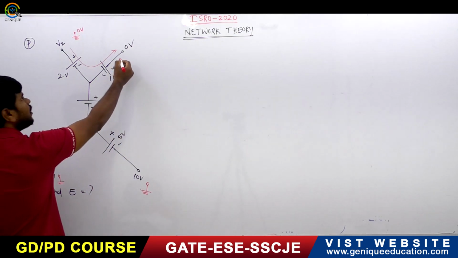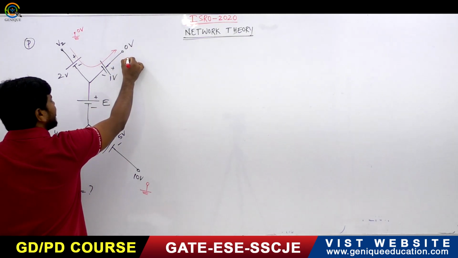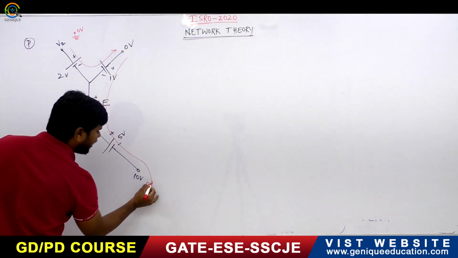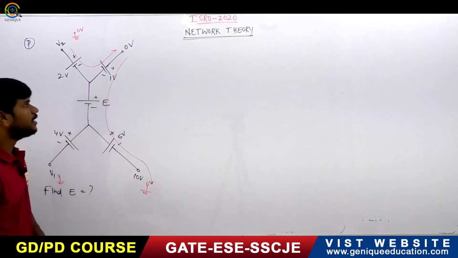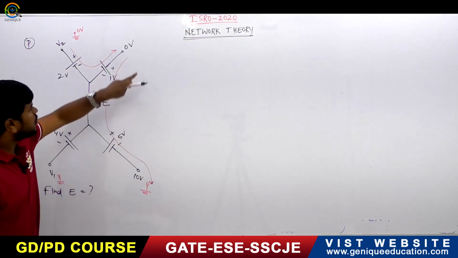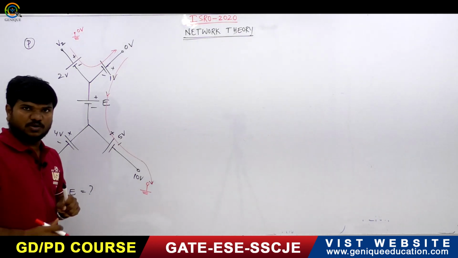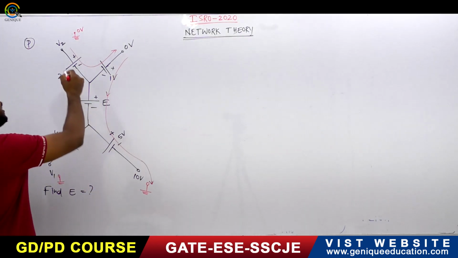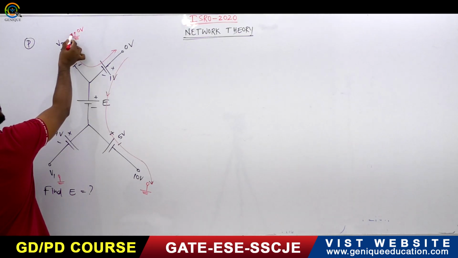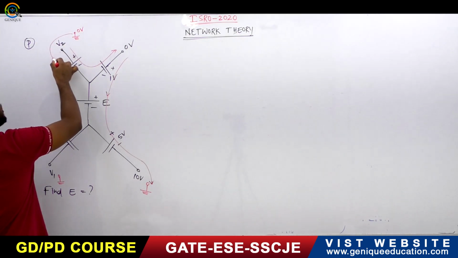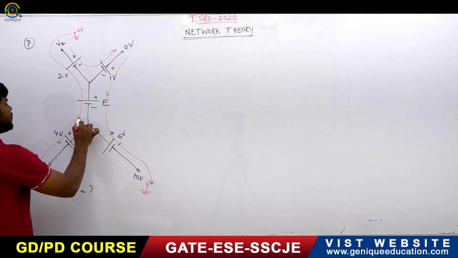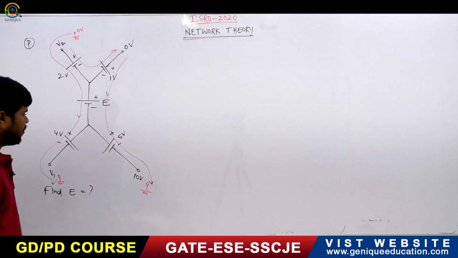Now let us suppose the current is coming like this and ended here, right? The current started from here and ended here. You can also assume this loop. Let us suppose the current started from here and ends up here. This is one loop. Observe the loops.